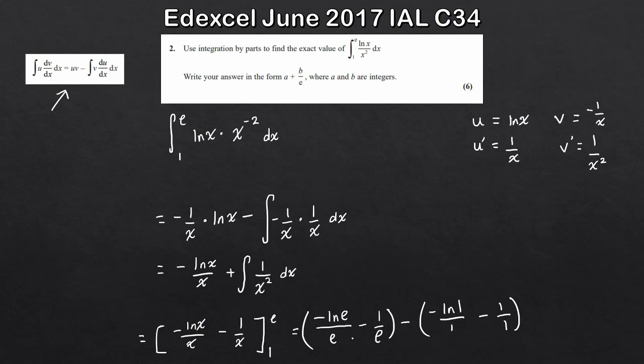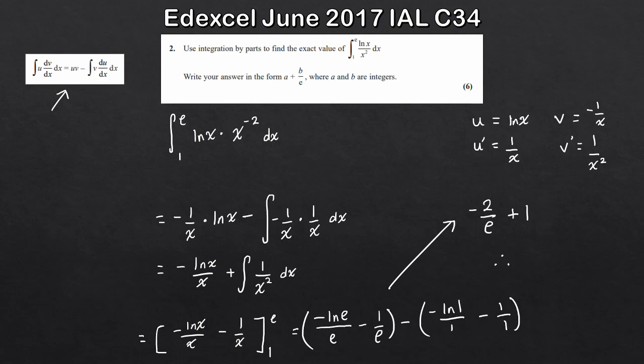So if I simplify here, remember ln e is just 1, so this is minus 1 over e minus another 1 over e. So if we just simplify it here, that gives us minus 2 over e, and then we subtract off minus ln of 1 over 1, so that's 0. Remember ln of 1 is 0, so 0 divided by anything is just 0, and then we've got minus 1 over 1, so minus 1, but it's minus minus 1, that becomes plus 1, which actually gives us the result we need.